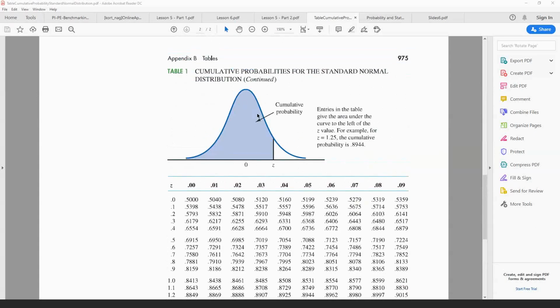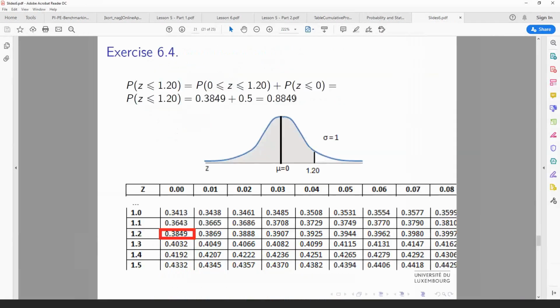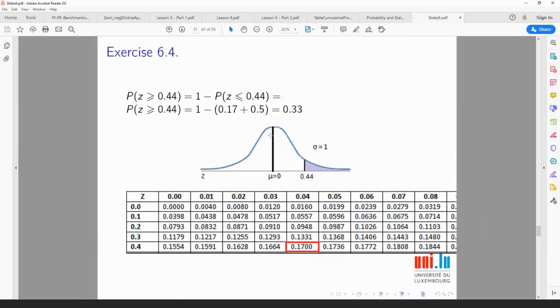Please remember, and I think in the lecture, in exercise 5.4, we didn't use the negative number in the table.